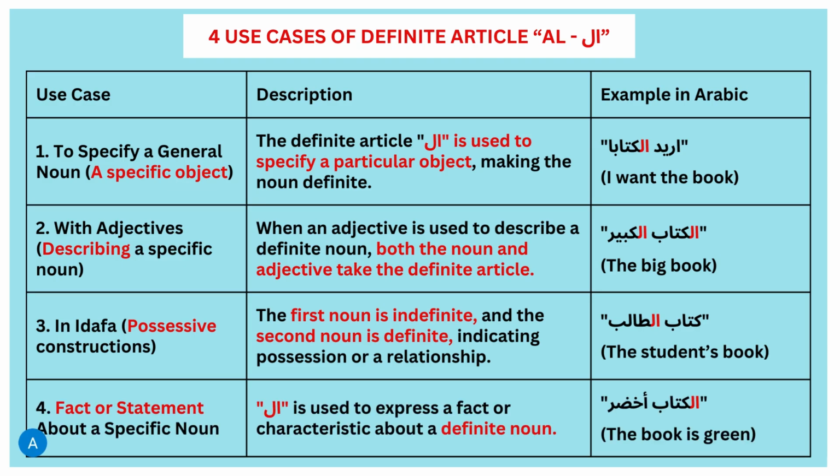And the fourth form is to express the fact. And here also we have a noun and adjective. We use al for the first word, and the second word is not definite, it's indefinite. For example, Al-Kitab Akhdar, the book is green.